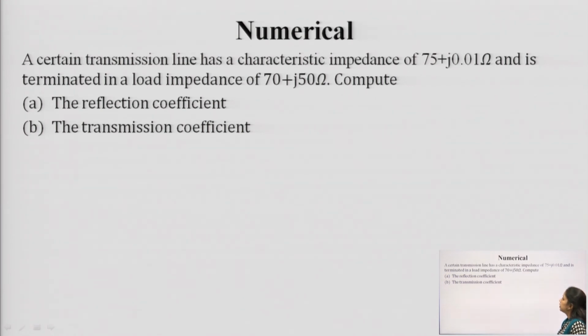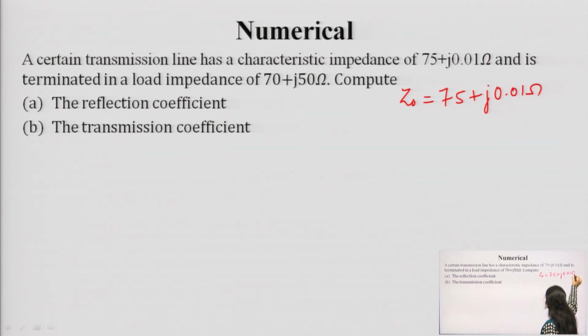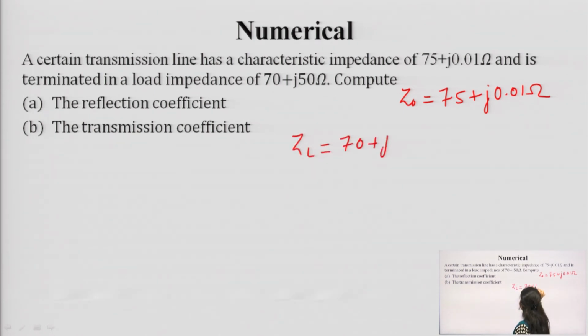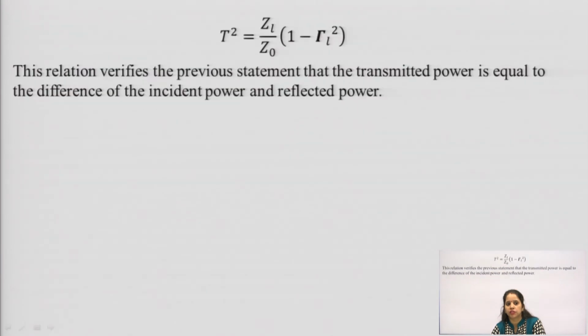Here in the transmission line we have been provided with the characteristic impedance Z naught, equal to 75 plus j 0.01 ohm, and the load impedance ZL, equal to 70 plus j 50 ohm. Before proceeding towards the solution, first of all let us have a look again at the formula of the reflection coefficient and the transmission coefficient.